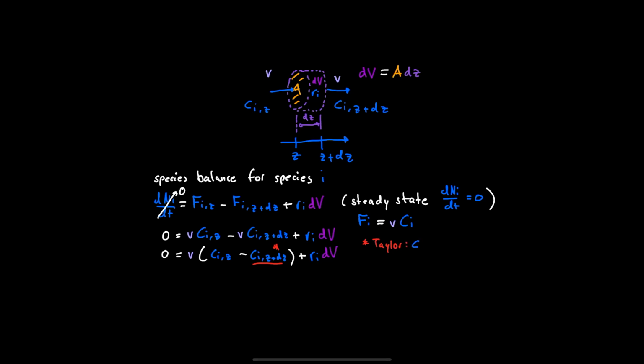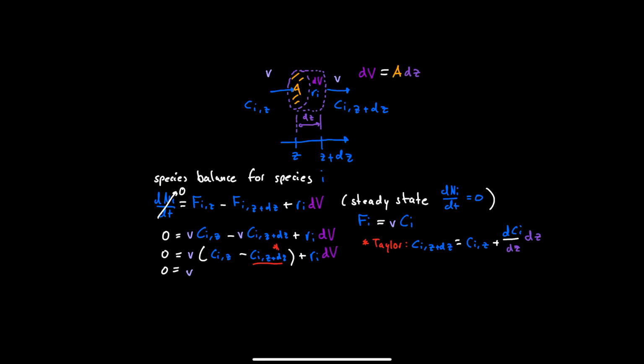So we will say that the concentration of the species I at position C plus dc, using first order Taylor polynomials, is equal to Ci at position C plus dci divided by dc times dc. So this we will insert in our equation.